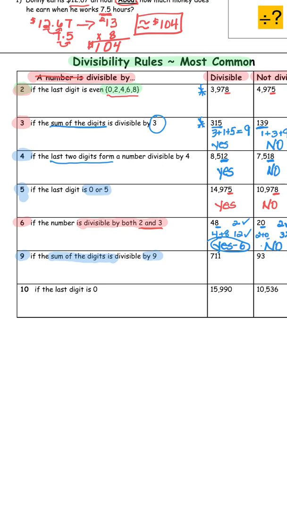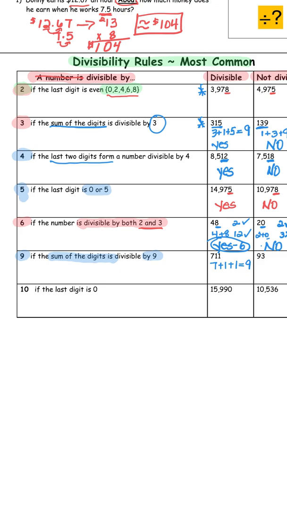Again, like the 3s, what we have to do is look at each number separately. So the first example is 711. So what we would do is break that apart and say the sum of the digits. So we would say 7 plus 1 plus 1. Are those digits, when added together, divisible by 9? So the sum of the digits is 9.